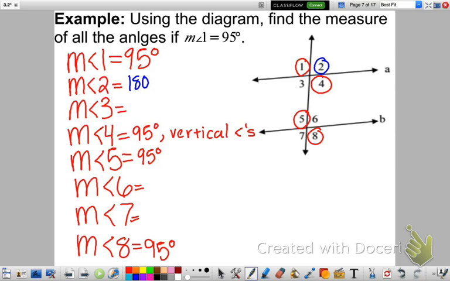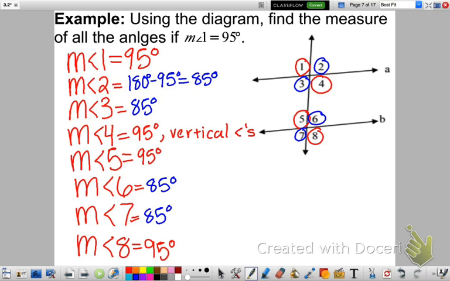So we will take 180, subtract our 95, and get 85. 3 will also be 85 because it is vertical to 2 and linear to 1 and 4. 6 and 7 will also follow for similar reasoning.